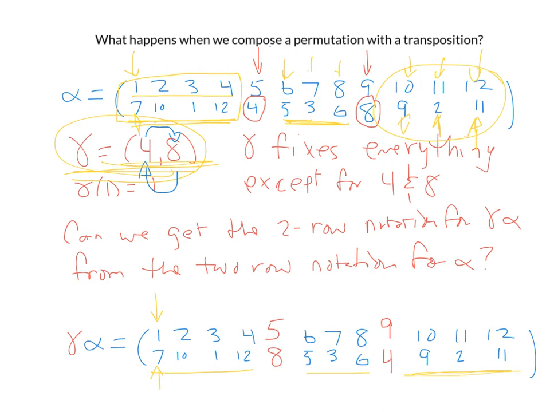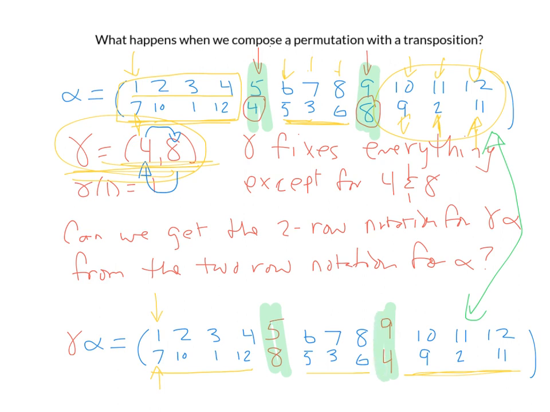Now, when we actually look at what's going on, these two 2-row permutations are actually very close to each other. The only place where they are different is in these 2 places.